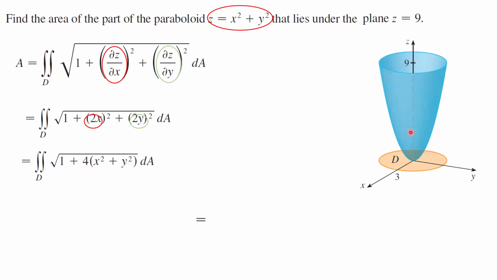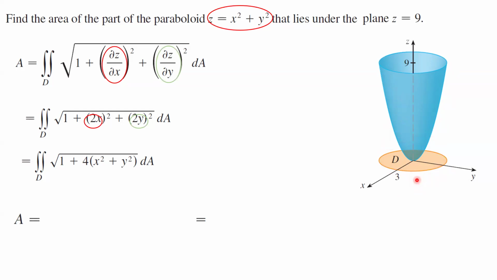This is the object that you're looking at. z is equal to x squared plus y squared, and z is equal to 9, which is basically stopping your surface at this height. If you look at the projection in the xy plane, as you can see, you have a disk.